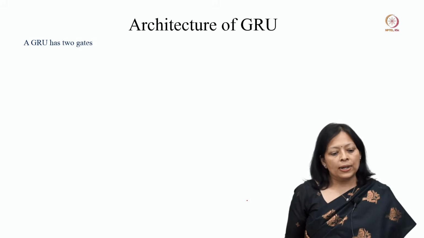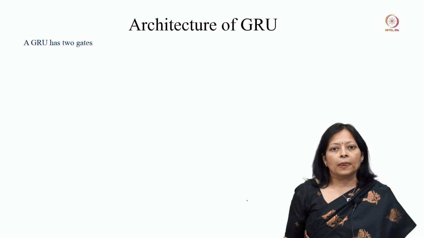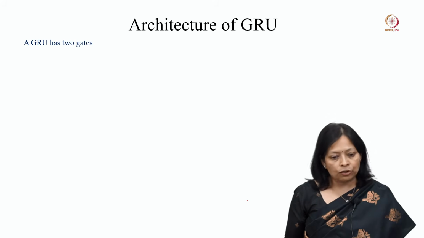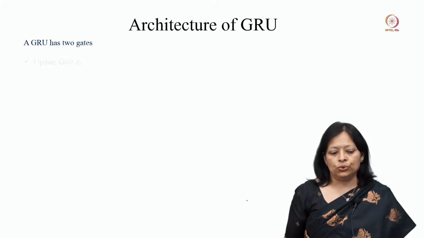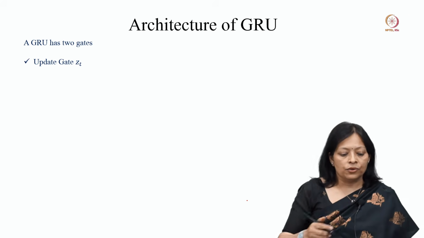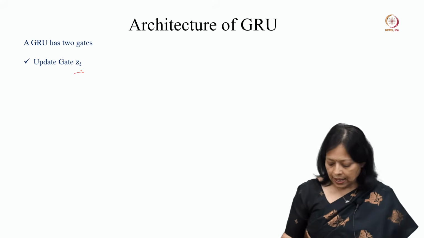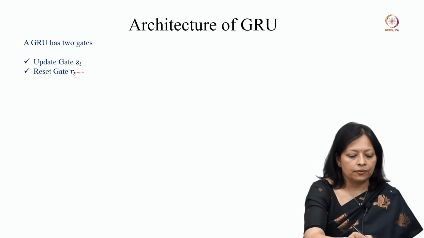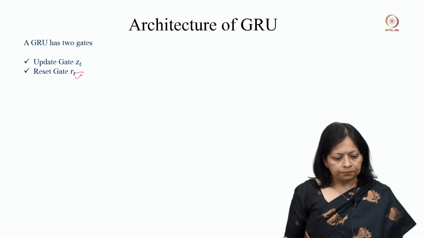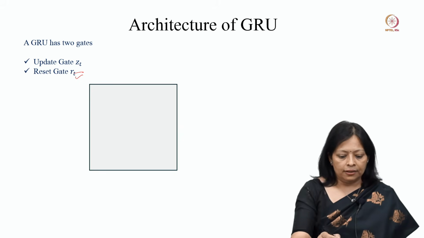This GRU has 2 gates. In LSTM, we had 3 gates, the forget gate, the input gate and the output gate. In GRU, it has 2 gates, the update gate, which we call z_t, and the reset gate, which is r_t.